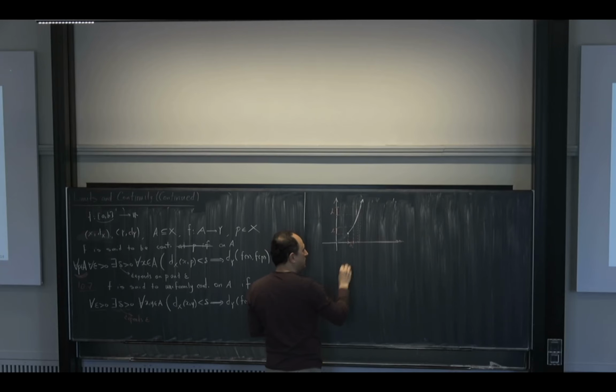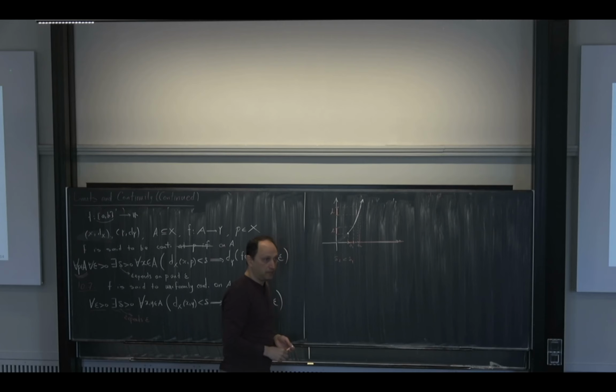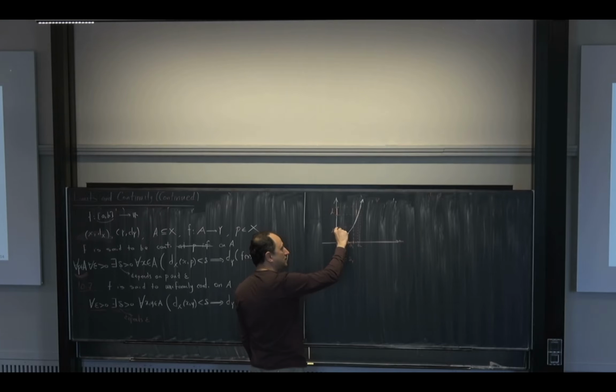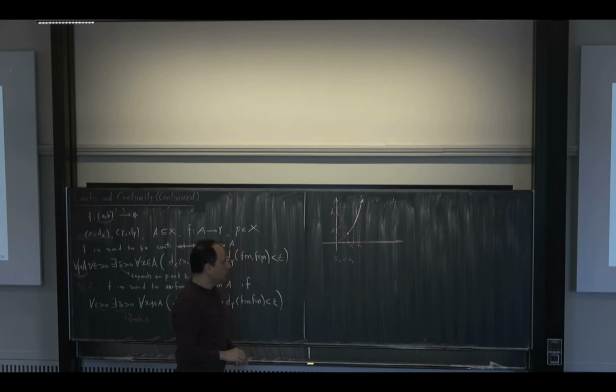Let me call this delta 1, this is delta 2. Delta 2 should be less than delta 1. So if I want to achieve this threshold on the y-axis, I cannot fix a delta for you that works for every case. Do you agree? If I fix this delta for you, it works if this line segment is here, but if this line segment is a little bit higher, that delta does not work because I have to shrink the delta to achieve this goal. Do you understand that? So this is a non-uniform continuity.